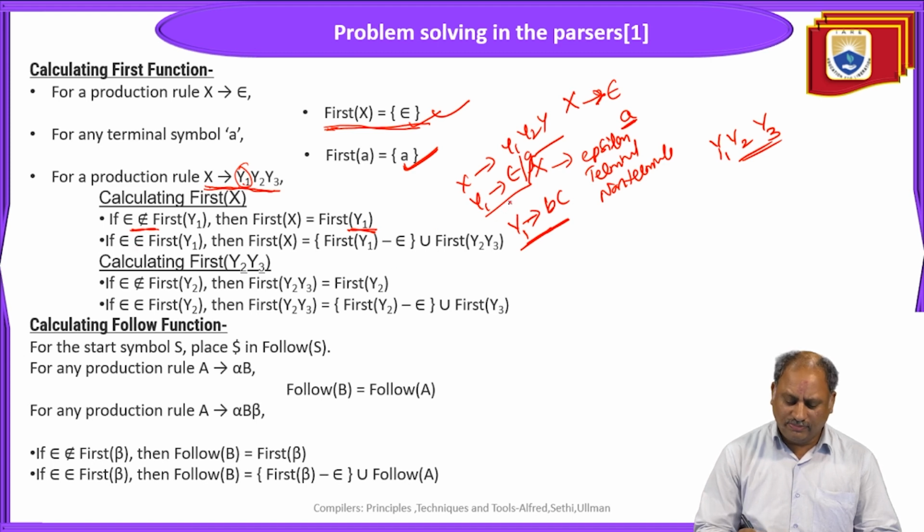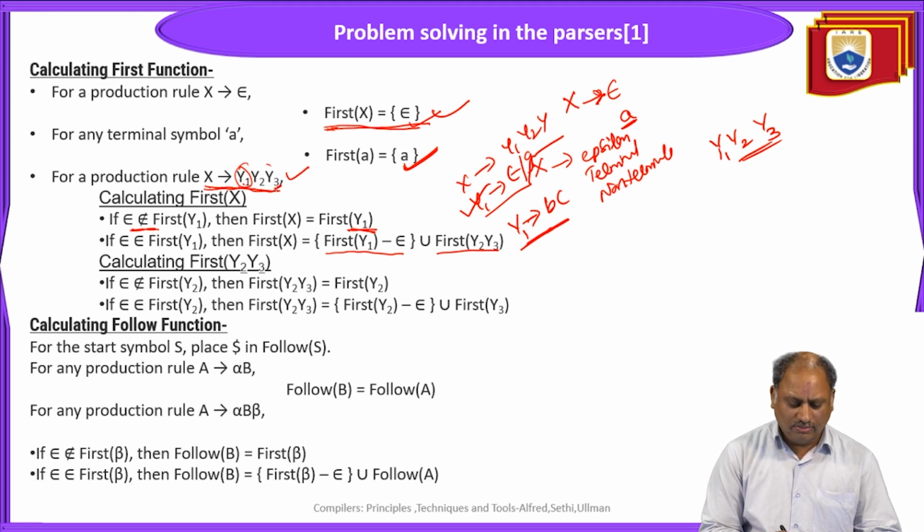Whereas if y1 also derives epsilon, then we have to exclude epsilon from first of y1 and also include first of y2. Then, for y2 and y3, if y2 does not contain epsilon, then first of y2 only. If epsilon belongs to y2, then we exclude epsilon and write first of y3.